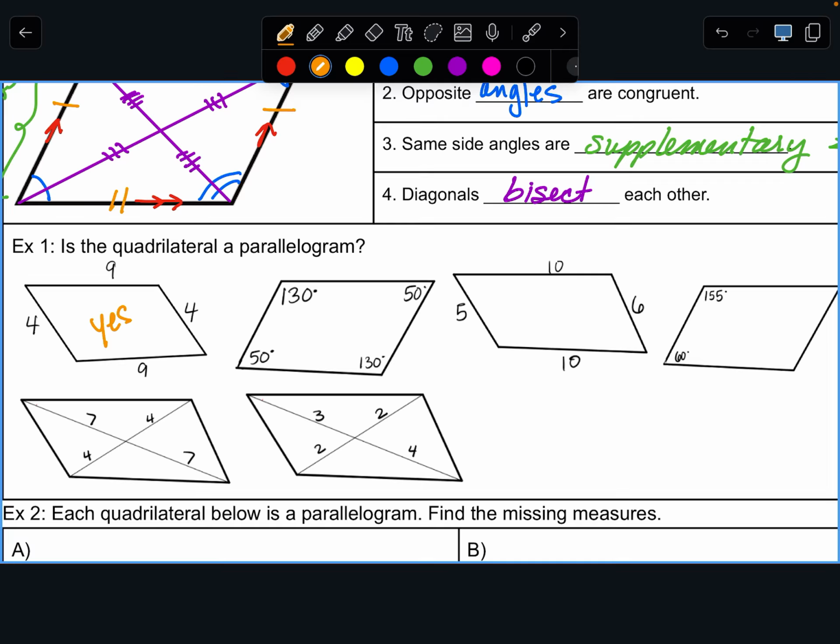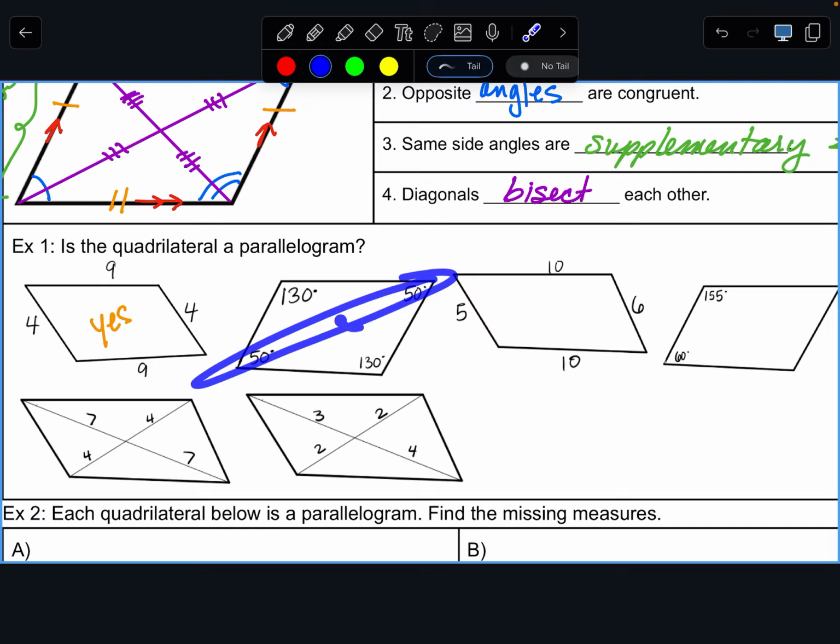When we look at the next one, the next one is 130 and 50 and 130 and 50. Is that or is that not a parallelogram? Yes or no? Yes, because opposite angles, right here at the top of the screen, opposite angles are congruent.